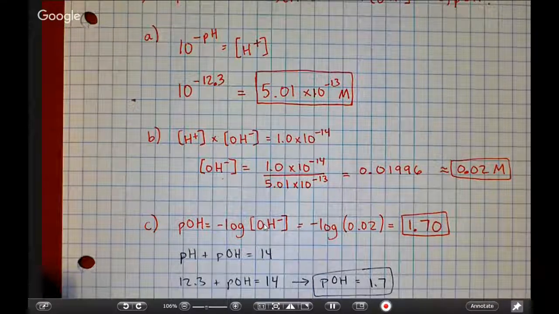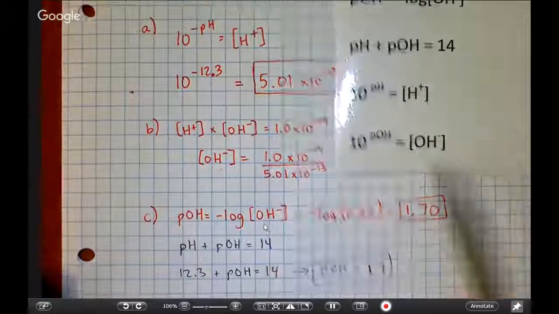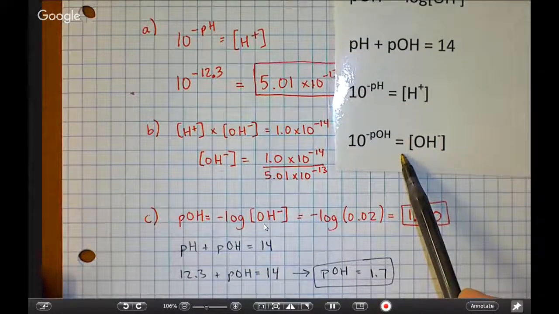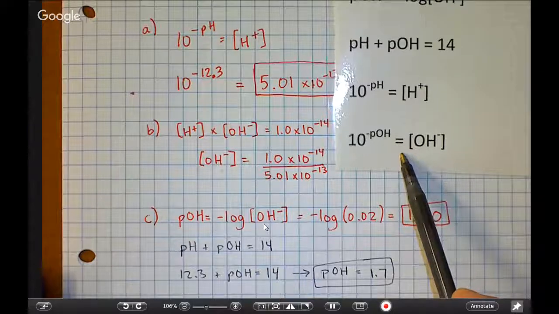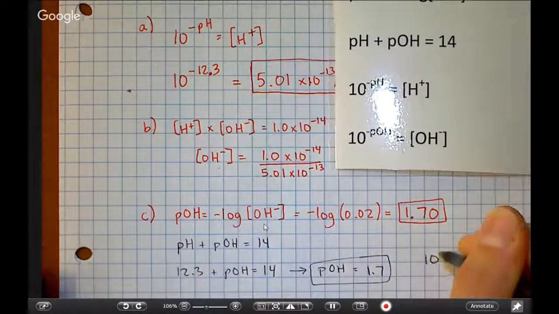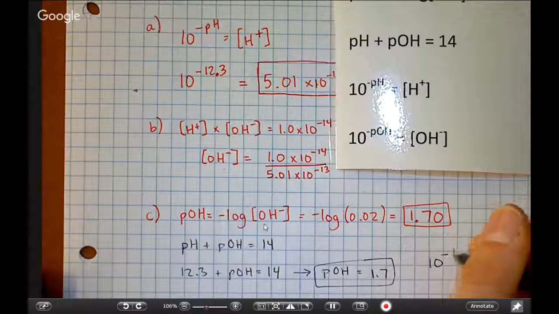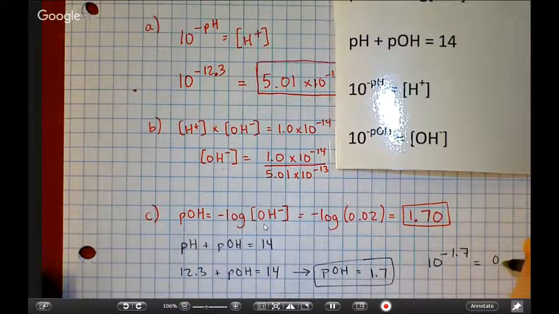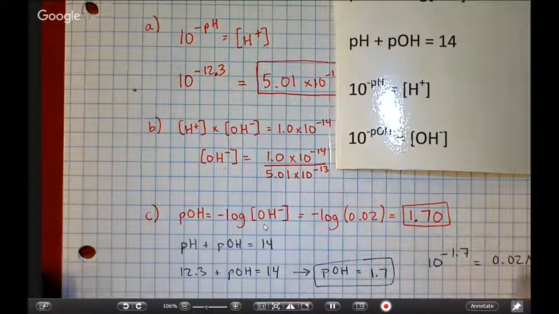That's one way. And then Kylie had said before to use this bottom equation to find hydroxide concentration. We could do that. We could have taken the inverse negative log, so invert 10 to the negative 1.7, and that would have come out to about 0.02 molar.